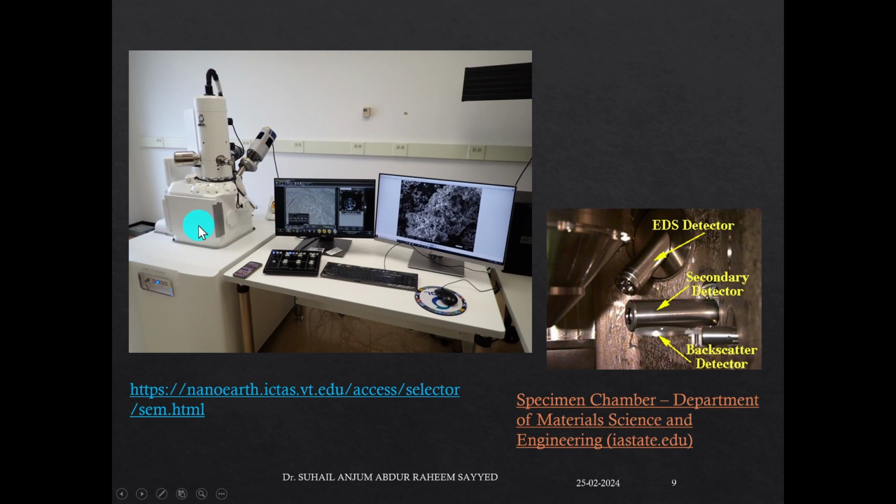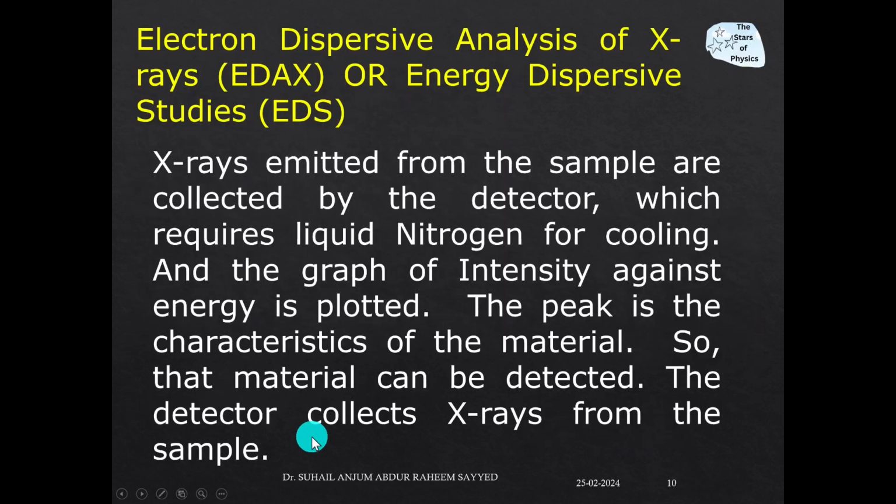In the sample chamber we have the EDS detector for detecting the characteristic X-rays, and this is the secondary detector and the backscatter detector. These two detectors are used for generating the image here. Okay, so this is a microscope. I had taken it from this website.